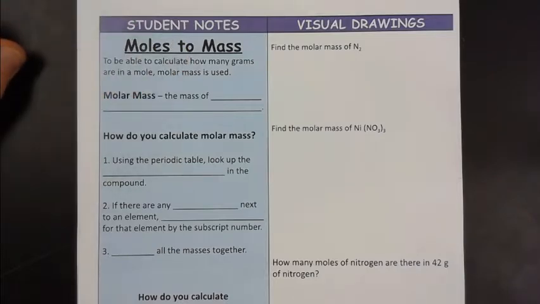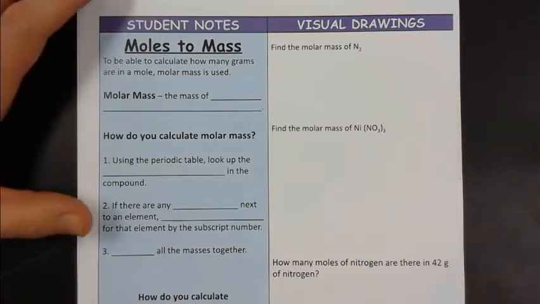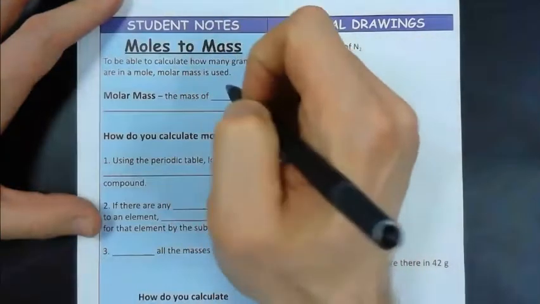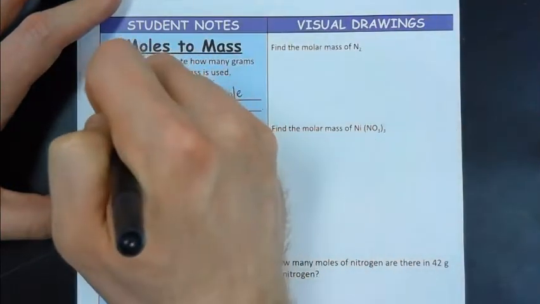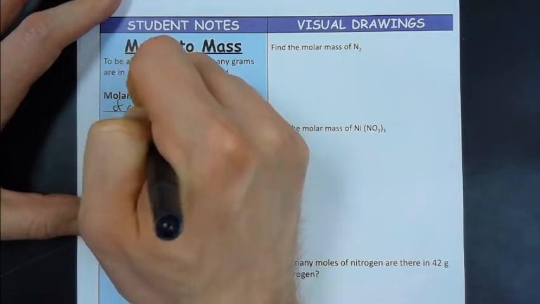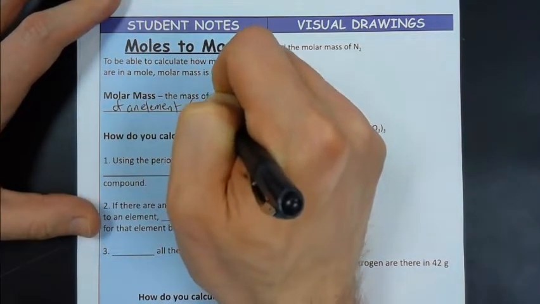And so one of the things that we need is the ability to determine what's called the molar mass of an element or compound. That first term, molar mass, is the mass of 1 mole of an element or compound.